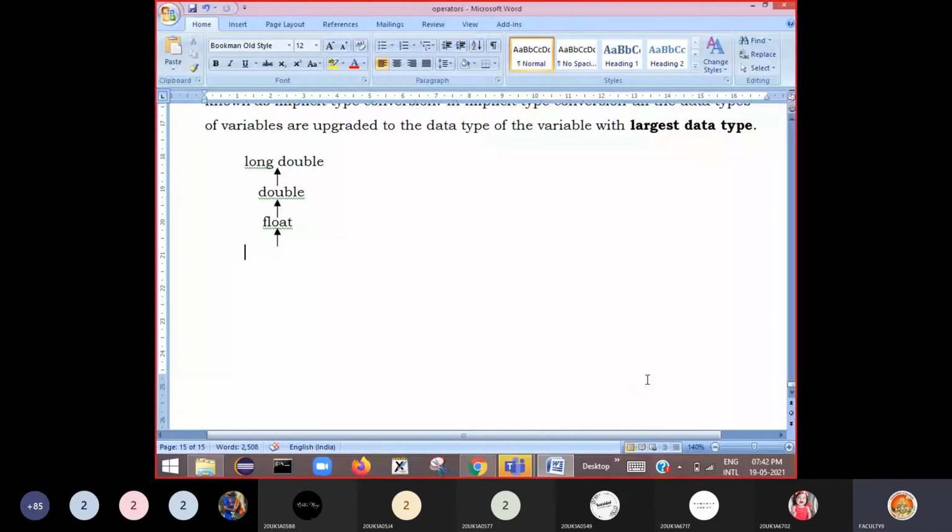Okay, so then unsigned long int will be upgraded to float type here.